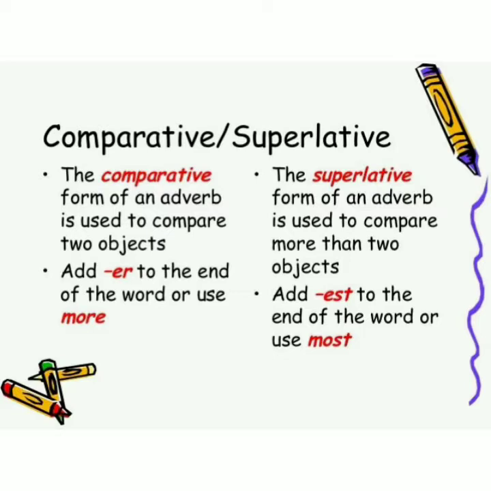Like the adverb quickly changes into more quickly in comparative, and in superlative, comparing with more than one object, we would say most quickly. So in short, we use er and more for comparative, and we use est and most for superlative forms of adverbs.